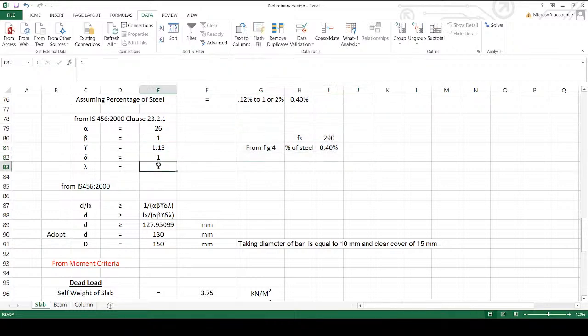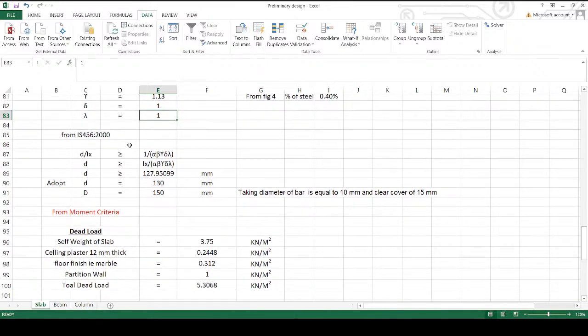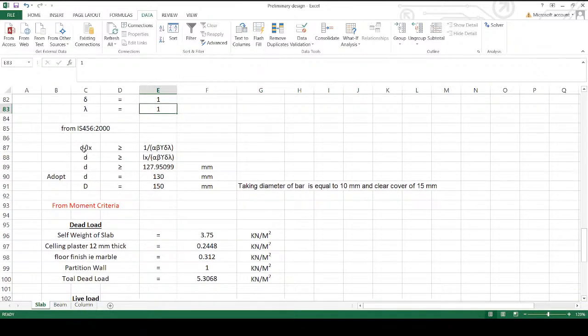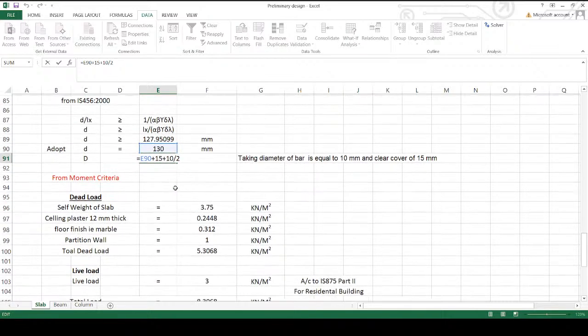And using this formula we have to calculate the d, and we have got the greater value, 130 plus 100 as the effective depth, and overall depth is equal to effective depth plus clear cover plus diameter of bar by 2.